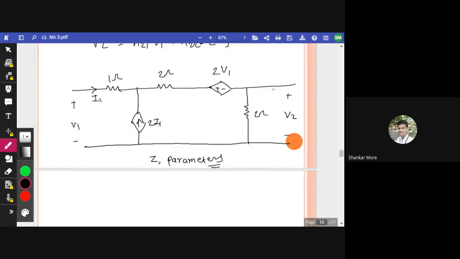I1 is here, I2 is here, which is very, very important. All right. Can you find the Z parameters?